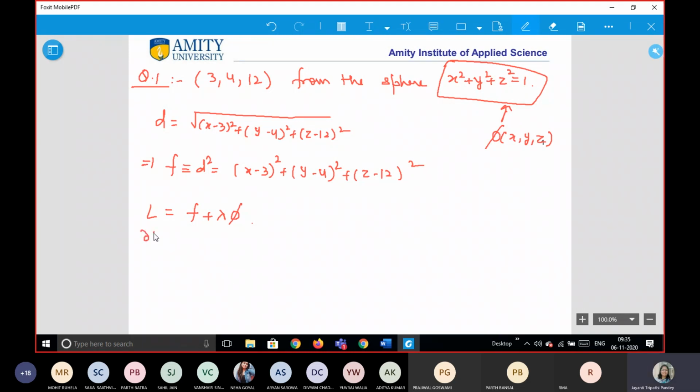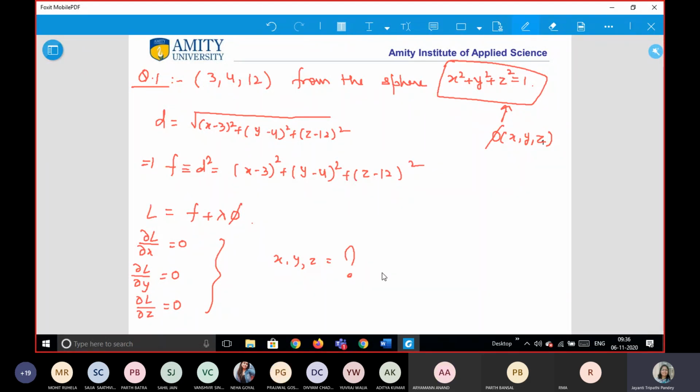Solve till here, and figure out what x, y, z will be.